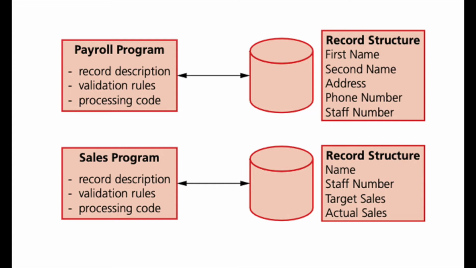If the staff number was changed by the payroll program and not by the sales program, these fields may contain different values for the same member of staff. For example, a person could get promoted or demoted. The fields in the two files are also in a different order. The staff number is the 5th field in the payroll program, but in the sales program, it's the 2nd one.